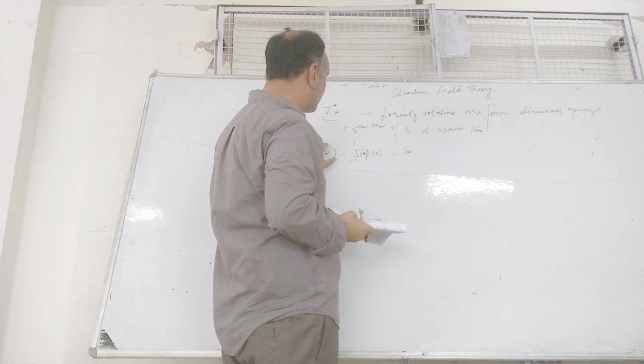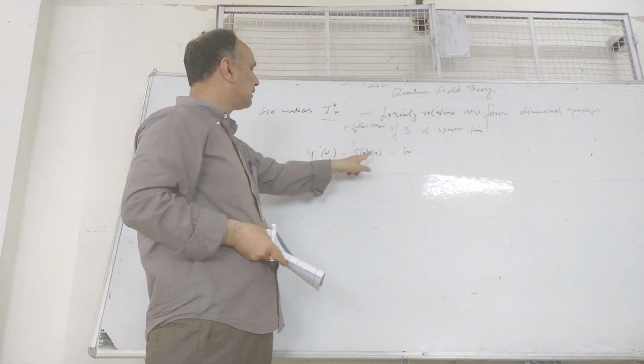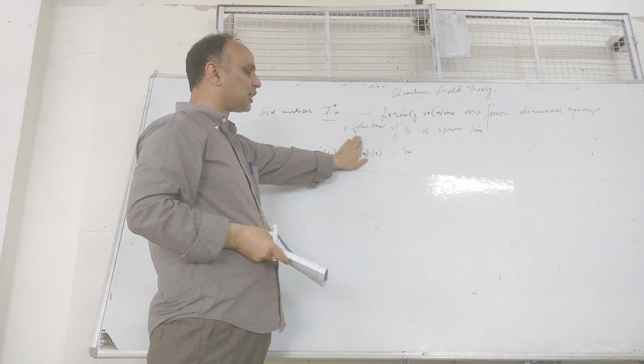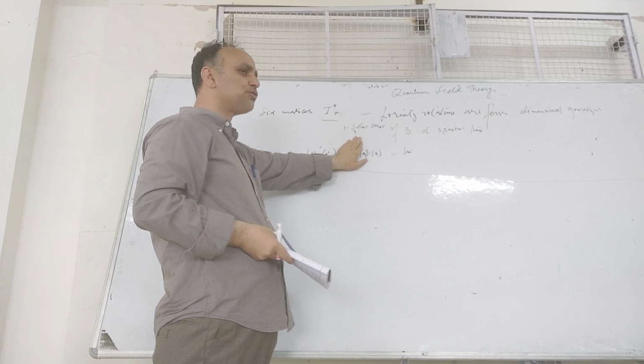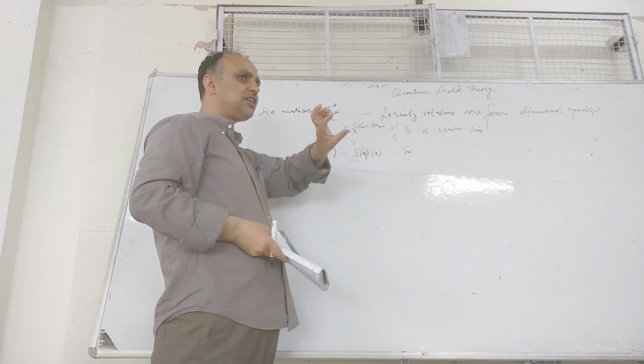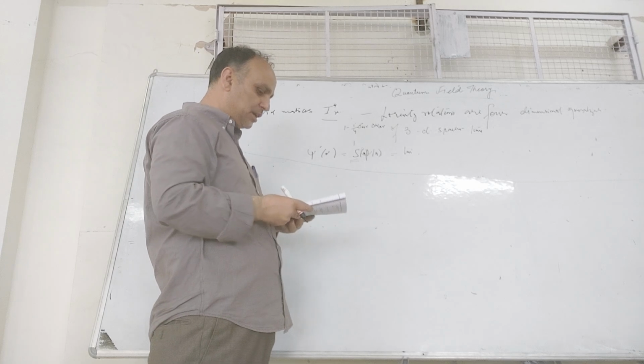Now we have to find the equivalence of this and this via this transformation. So it will be a sort of rotational transformation, an infinitesimal rotational transformation.